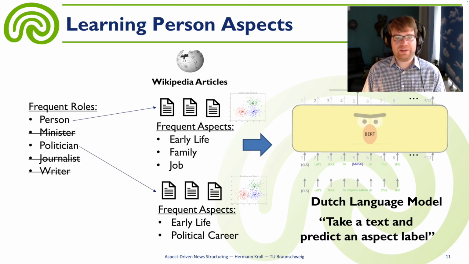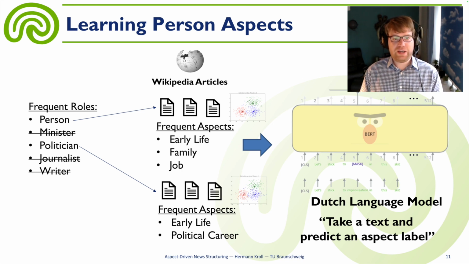Then we had to learn the different aspects of persons. Basically the idea goes as follows. We have the role politician, and then we can select all Wikipedia articles which are about a person who has the role politician. Then we can see which aspects are mentioned, and we did it by looking at which section titles are available.